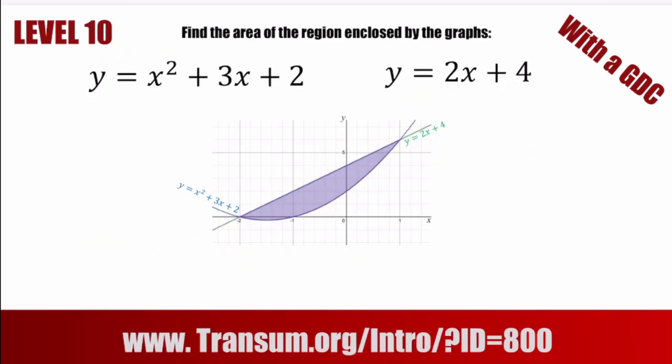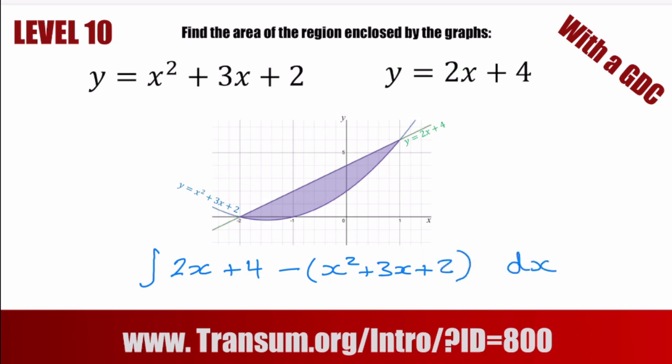And what we can do is say that the area under the graph, we can actually write it down as a single integral. It's the graph that's uppermost, which in this case is the 2x plus 4, and then we're going to subtract the graph that's below, which is x squared plus 3x plus 2. We're going to integrate that with respect to x.